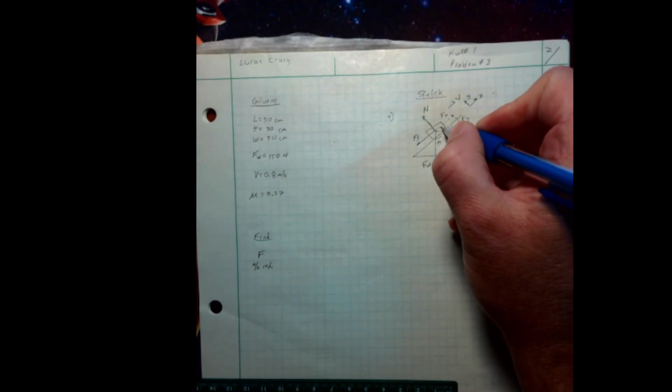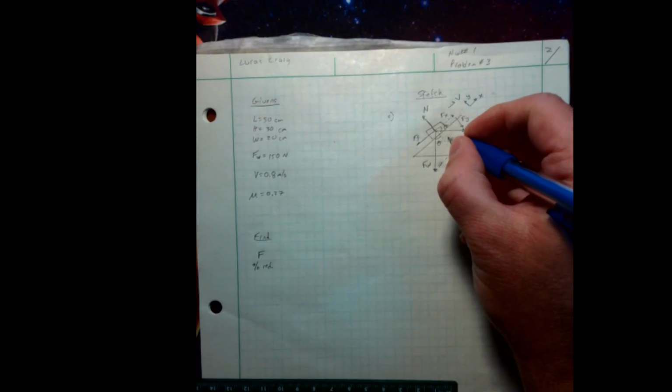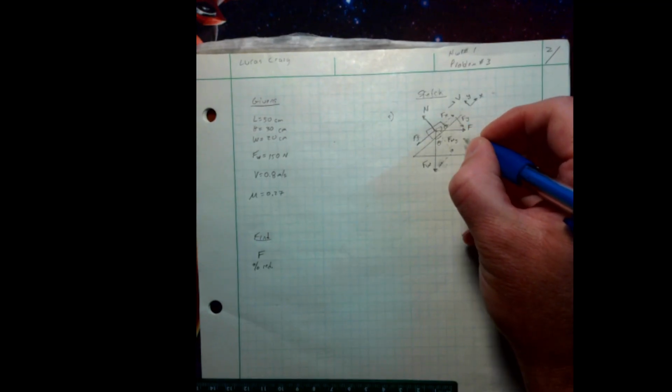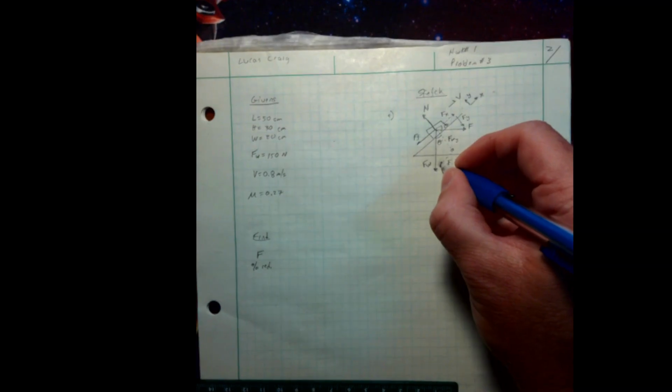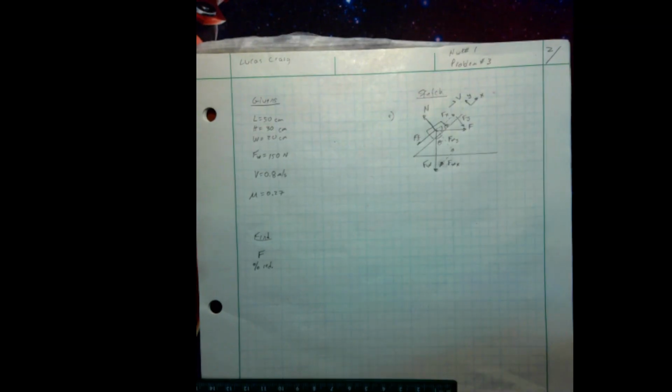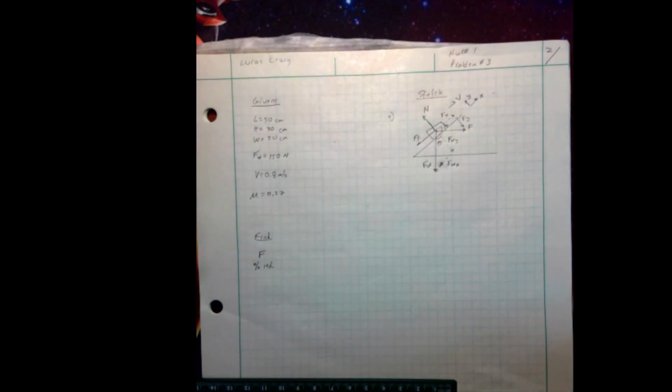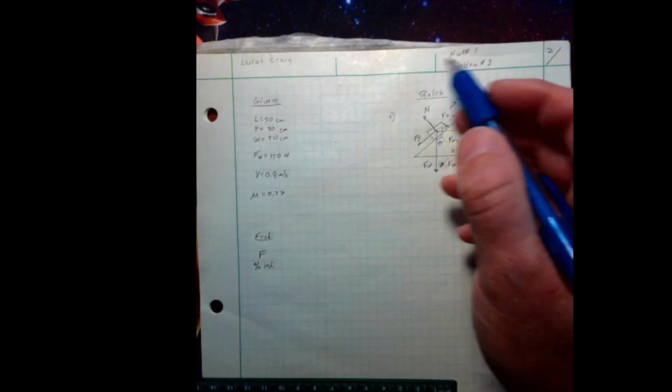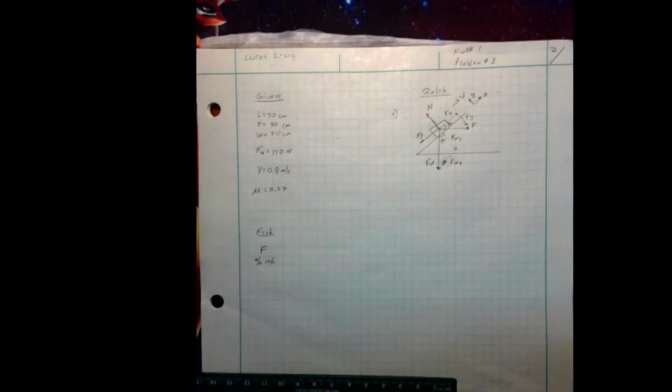This is theta. That's theta. This would be FWy and FWx. Okay. Now I have a whole video on this sketch, so I will make sure to link that video in the description.